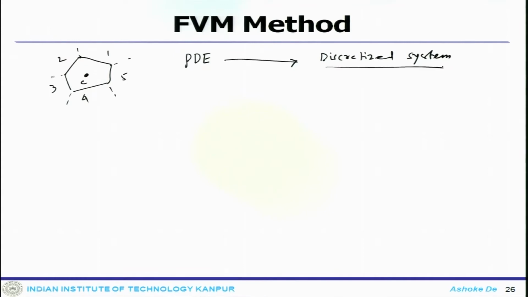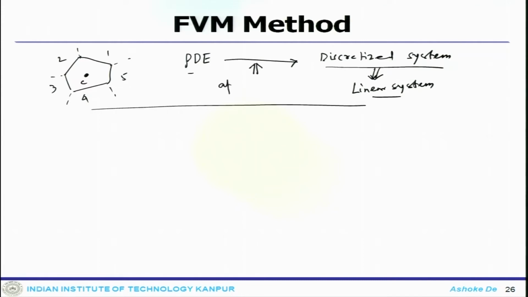From the discretized system, essentially I will get a linear system. Okay. So, that is what you get, and when you convert this PDE to a discretized system, this is where you apply your numerical technique like FVM or FDM and get this system.